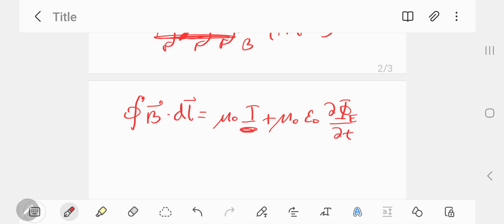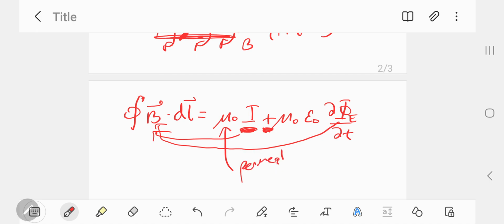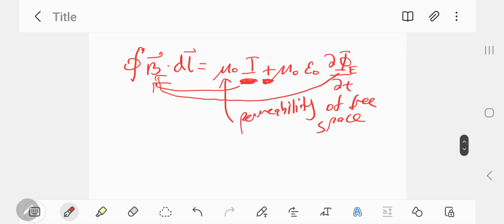Okay, so a current can induce a magnetic field. In addition, that's what the plus means, a changing electric field can induce a magnetic field. And this symbol here is called mu naught, it's Greek. This is known as the permeability of free space. A very small number.